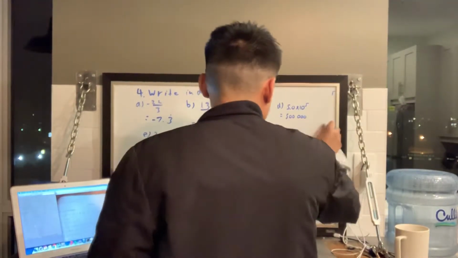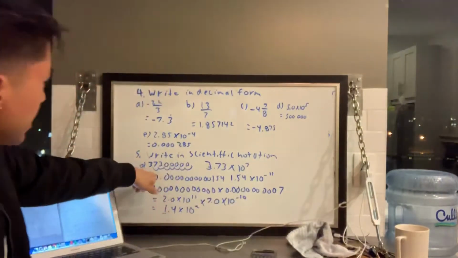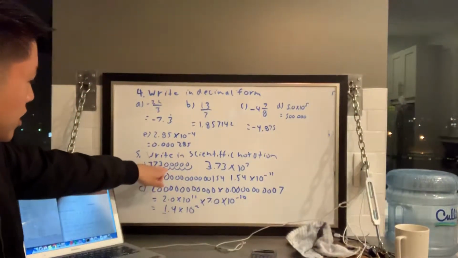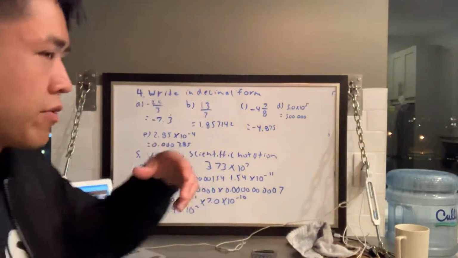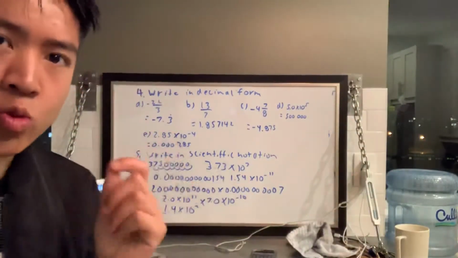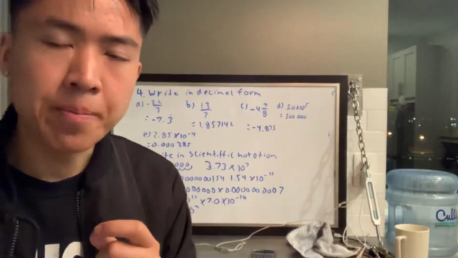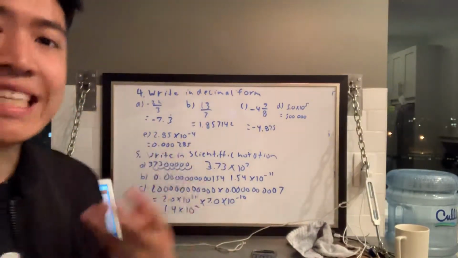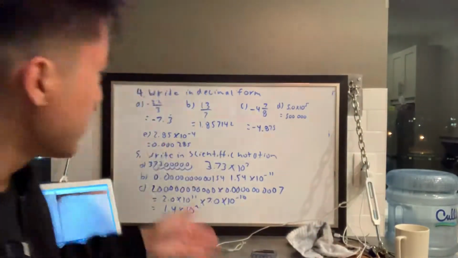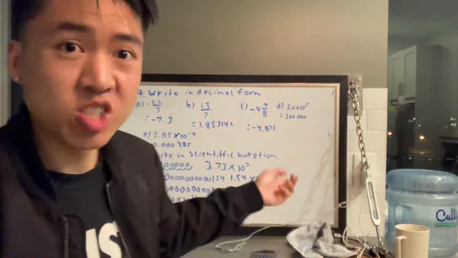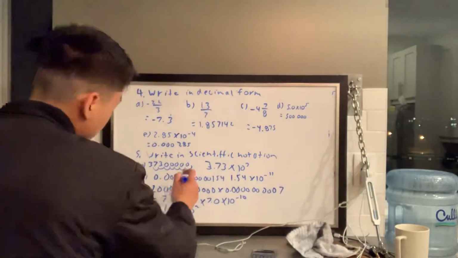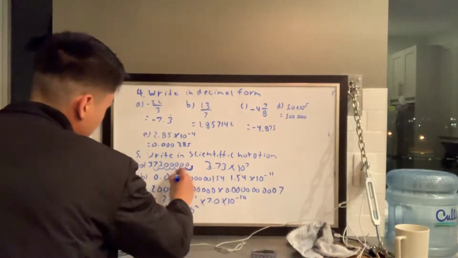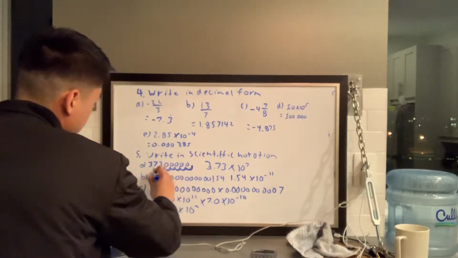Scientific notation. So we have this 373 and we have 5 zeros after. We gotta make it so that there's only one leading digit in front of the decimal place. And we go 10 to the power of how many spots we move. So we go 1, 2, 3, 4, 5, 6, 7.